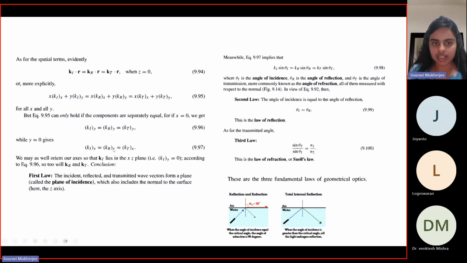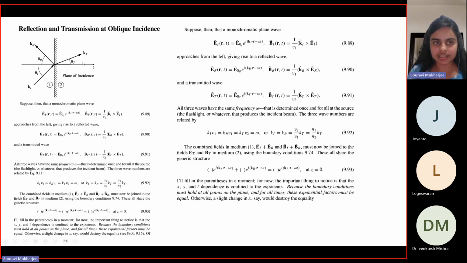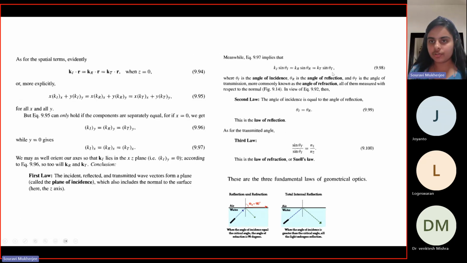Similarly, krx is the component along x of the reflected wave. If you take the angles along x, one will be k1 sine theta 1, this will be kr sine theta r, and this will be kt sine theta t. That means they should be equal to each other.